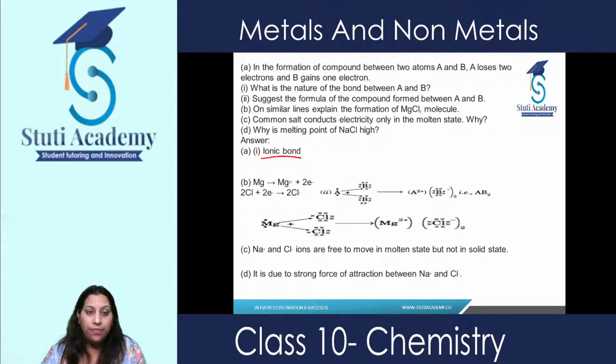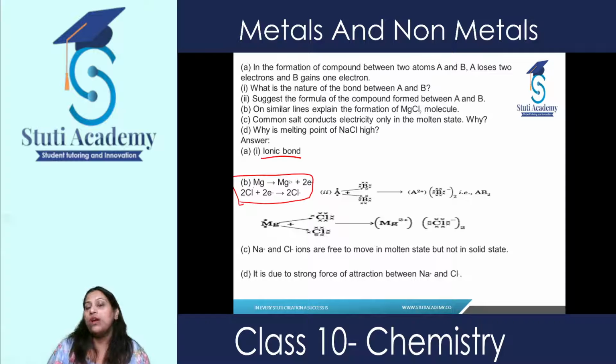Okay, then we have: suggest the formula of the compound formed between A and B. So you can say like this, this is the formula of the compound formed between A and B. Now look here at how this formation takes place. A is losing 2 electrons and B is gaining 1 electron. It means 2 chlorines are involved.